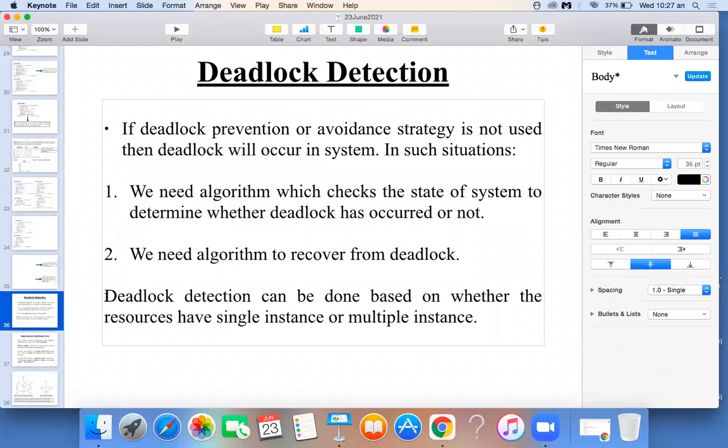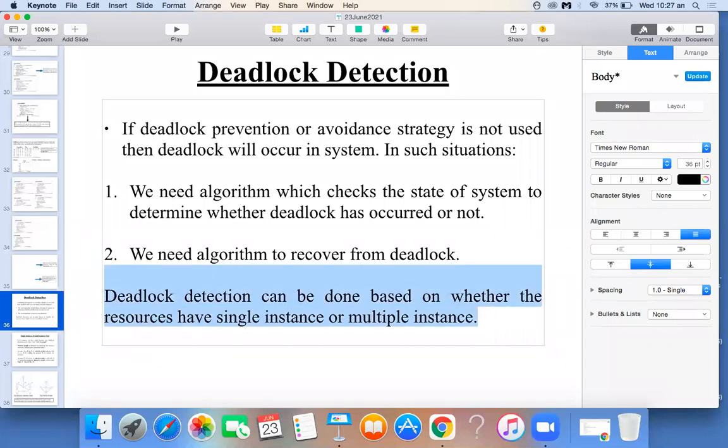Here also the deadlock detection algorithm works on two scenarios. The first scenario is when we have resources of single instances. In such cases, how do we detect the deadlock? The second one is if we have multiple instances of resources, then how do we detect the deadlock? That's what the point says here.